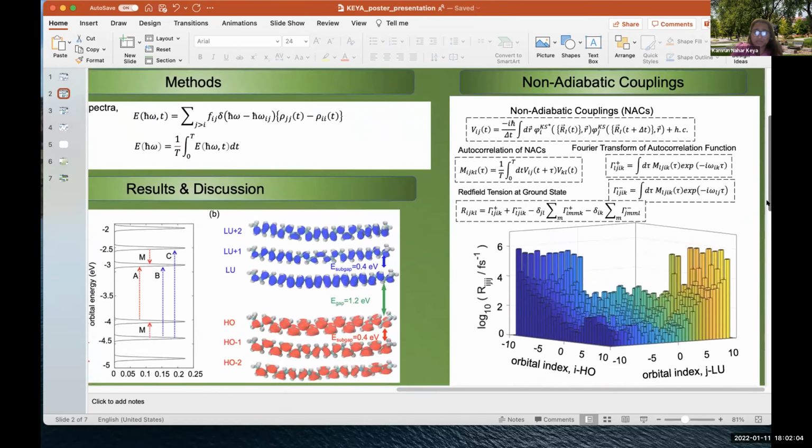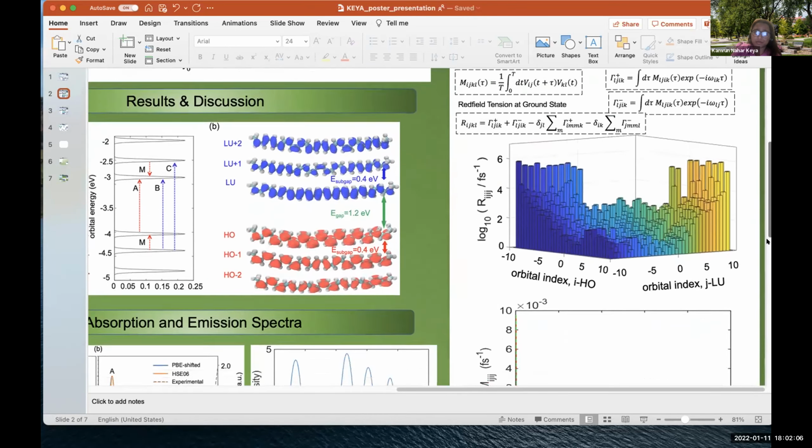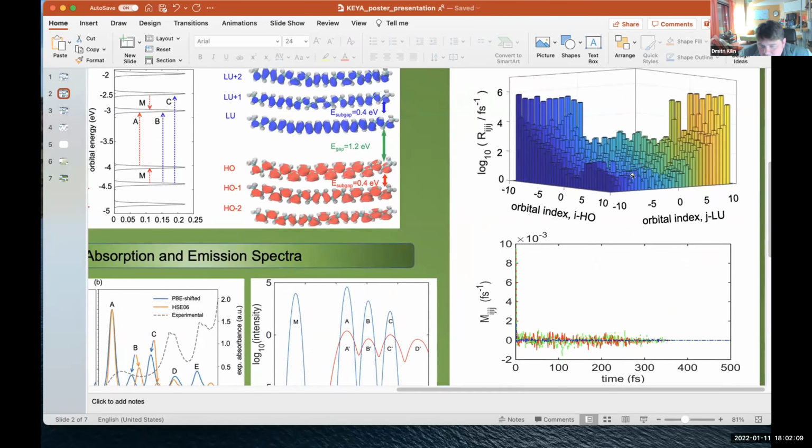This one is also related to non-adiabatic coupling. Actually, it's showing the same thing here in the middle. That LUMO here, you can see that it relaxes in the middle position. So actually, this figure correlates with the photoluminescence. That's why.